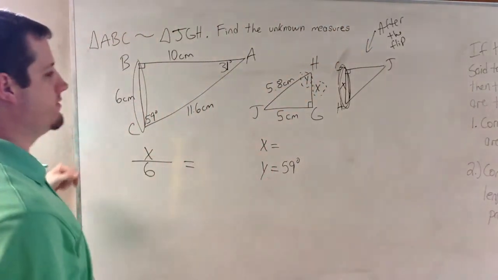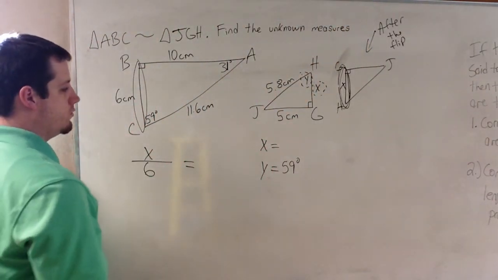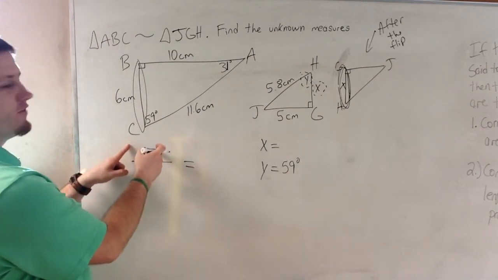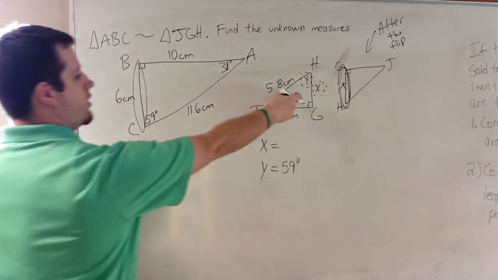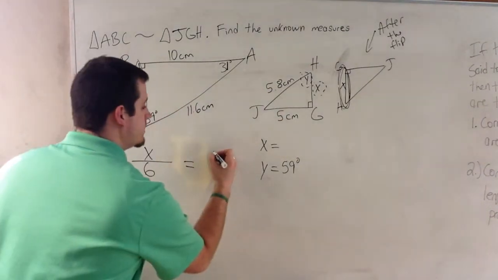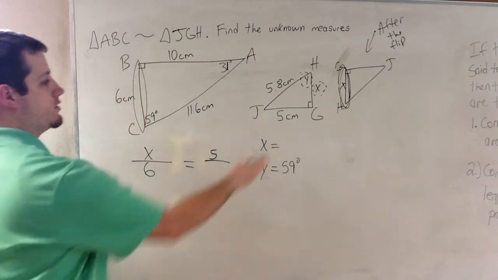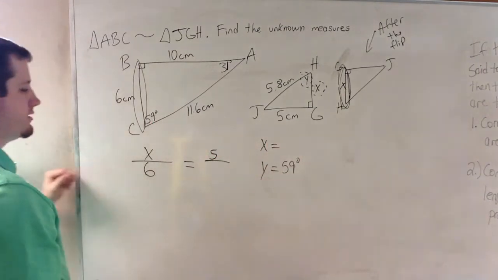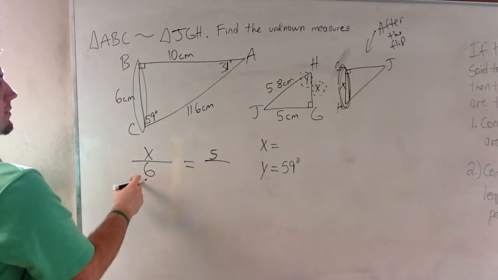So 10's on the top over there. So where does the 5 go? Does the 5 go on the top or on the bottom? What's the X from? Is the X from the smaller triangle or from the bigger triangle? From the smaller one. So the 5 goes on top because it's from the smaller triangle also. Smaller triangle, right? It's got to be the same thing on top. So the 6 comes from the bigger.